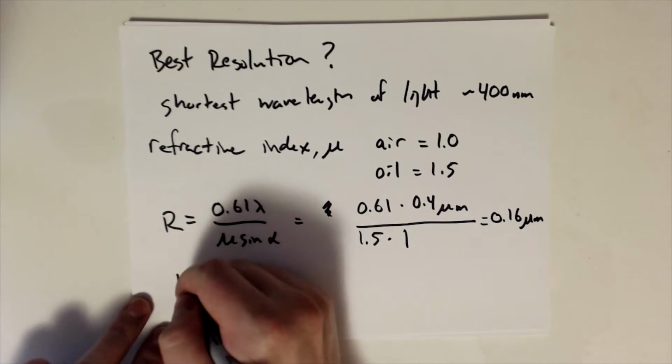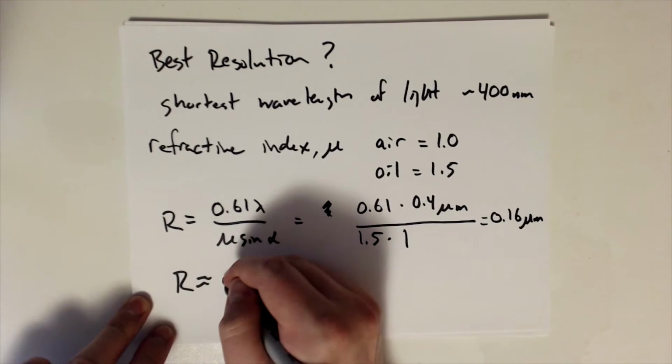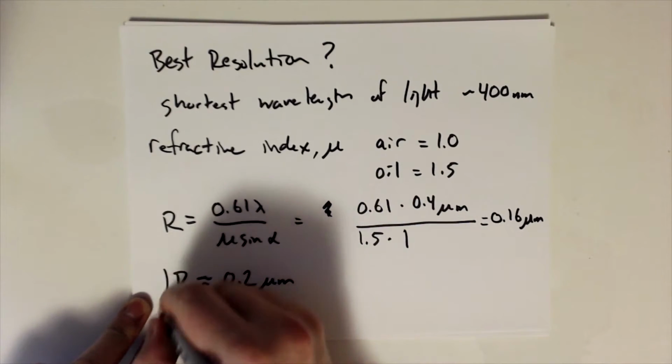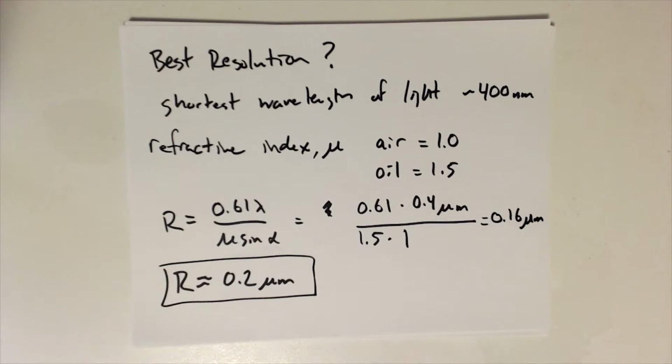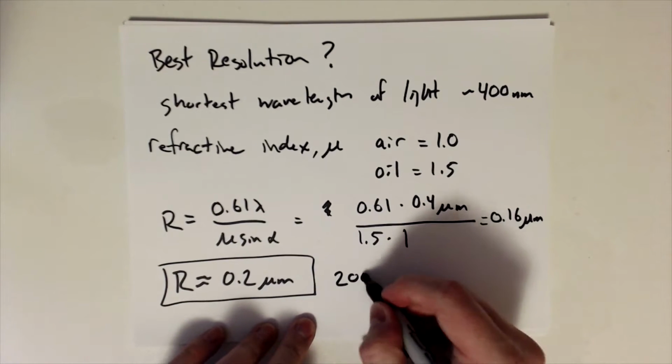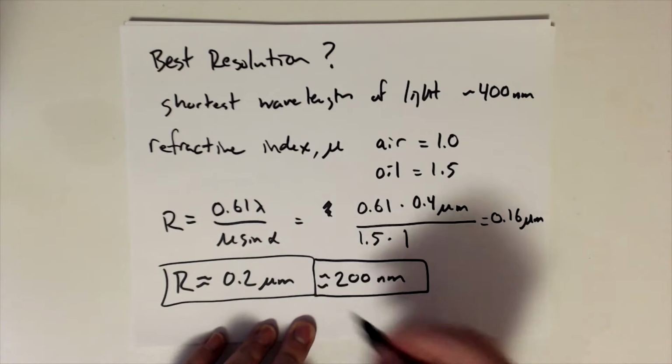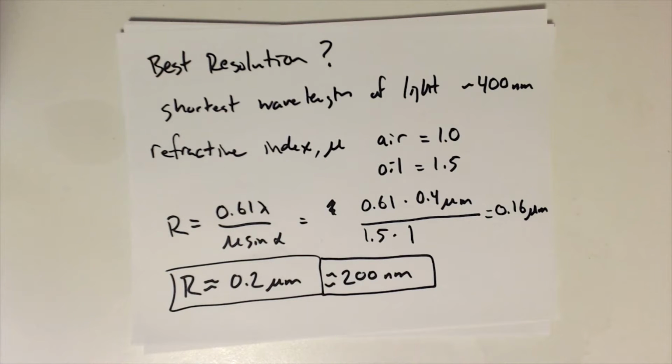And so we're going to approximate this maximum resolution of the light microscope at 0.2 microns. And again, this would also be 200 nanometers. So this is approximately the best we can do in a light microscope.